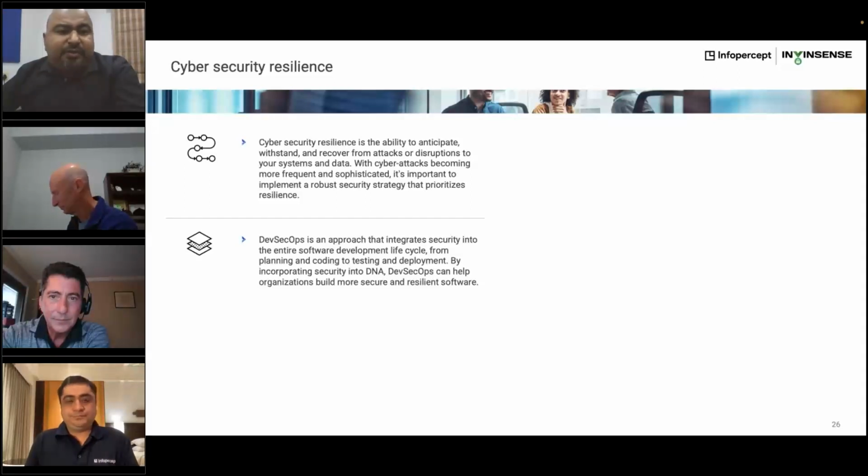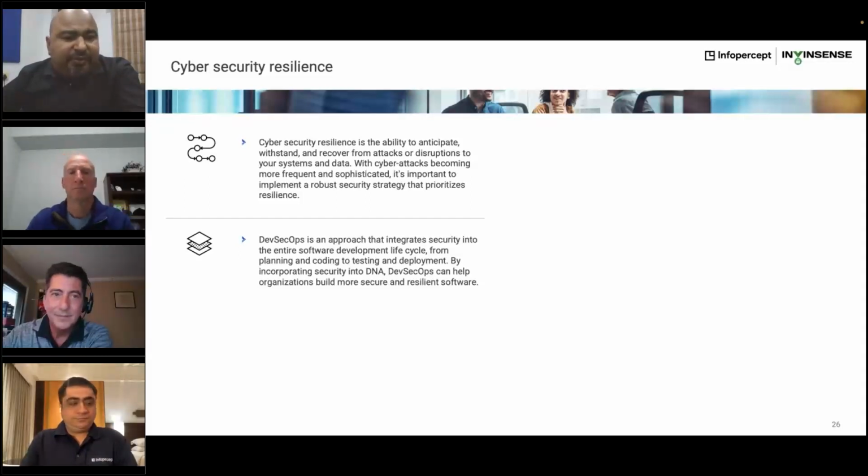To have this, I believe the DevSecOps approach can integrate into the entire software development lifecycle, right from planning and coding to testing and deployment, so that by incorporating security into the entire software development lifecycle DNA, DevSecOps can help organizations build more secure and resilient software.